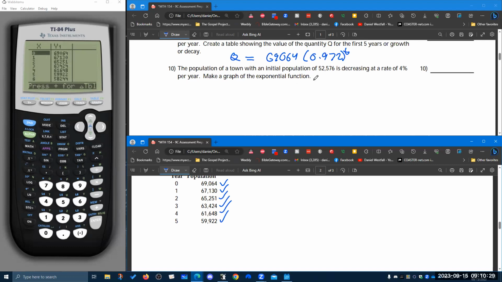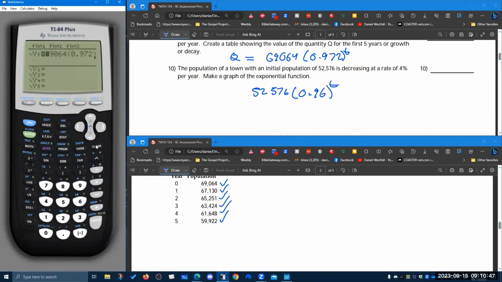Population of town with an initial population of 52,576 is decreasing at a rate of 4%. So we are keeping 96%. Make a graph of that.